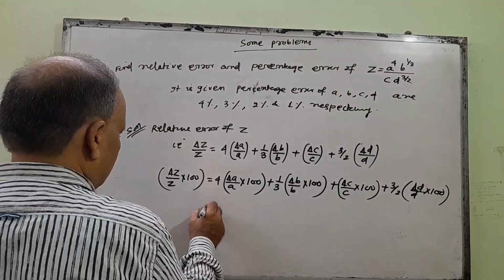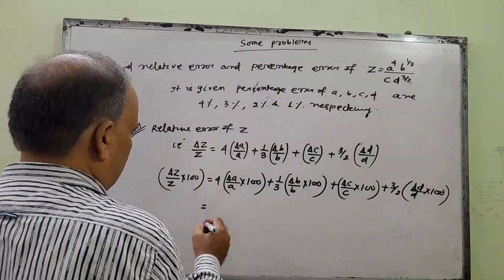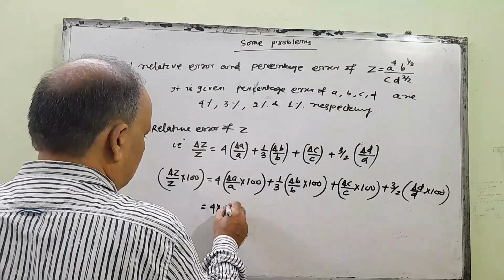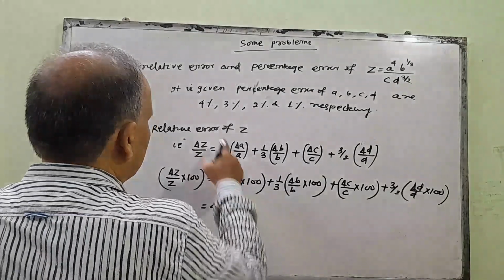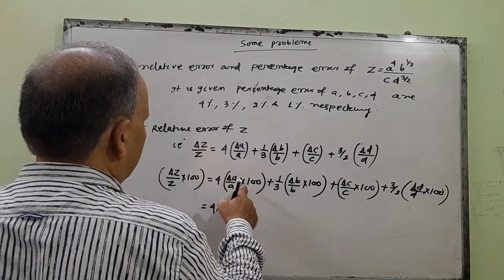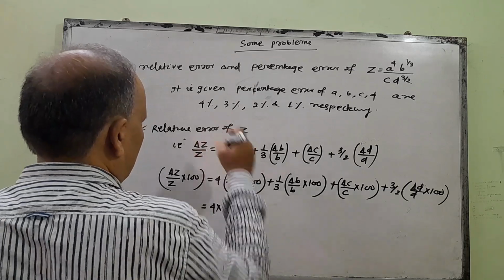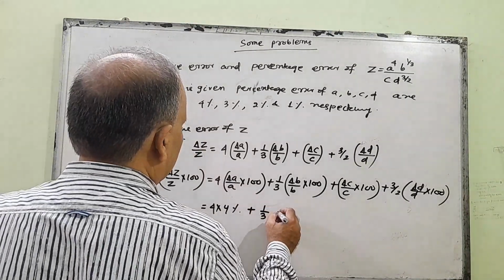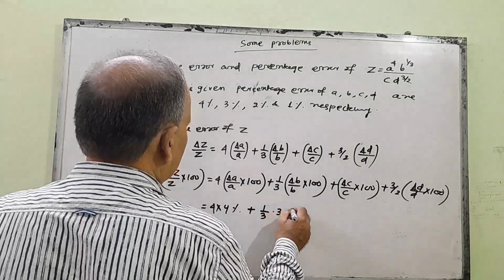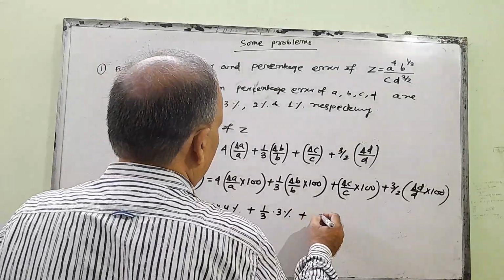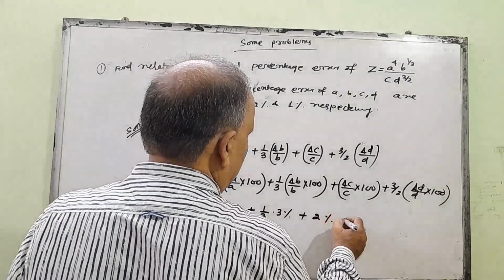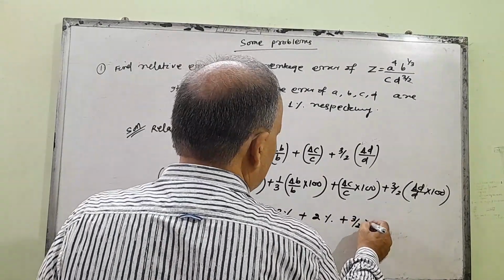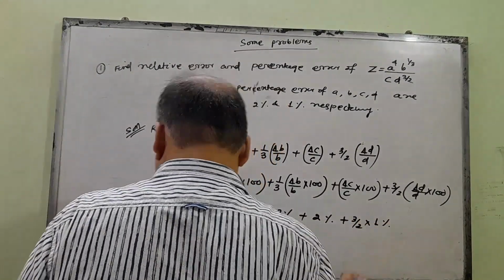This is the percentage error of z: 4 into 4%, it is given, delta a by a into 100, this is the relative error into 100, plus 1 by 3 into 3%, plus 2% only, plus 3 by 2 into 1%.